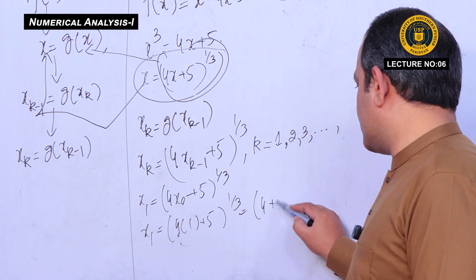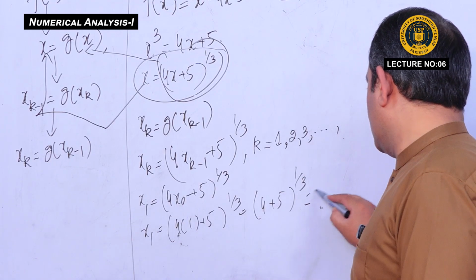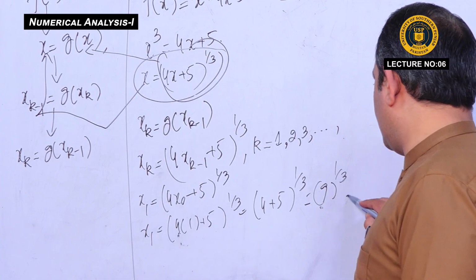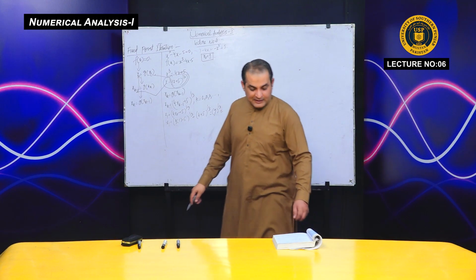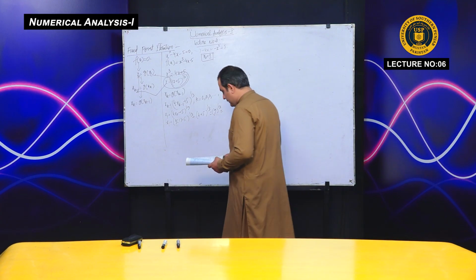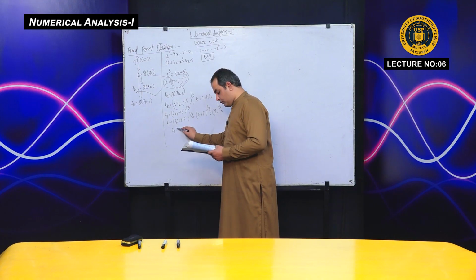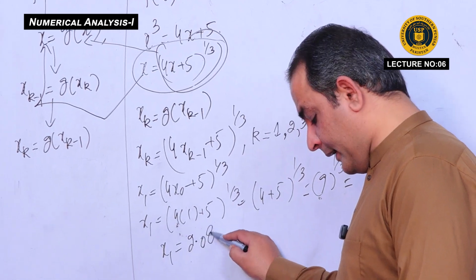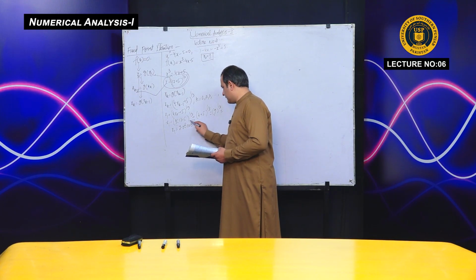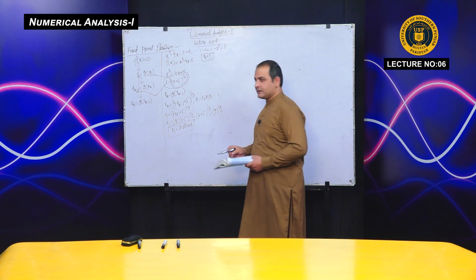This will be 4 plus 5, which is 9 power 1 by 3. So x1 will be equal to 2.08008.